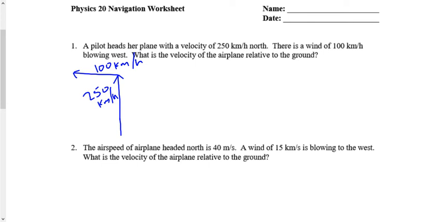That's a solid line vector as well, just like that Chinook wind blowing to the east, which in combination with the way that I steer causes me to go straight ahead. This wind is blowing me to the west, and in combination with the way that I aim, causes me to go at this angle up here. We're going to label this as R, we're going to label this as theta, and then we're going to solve for R by doing the Pythagorean theorem.